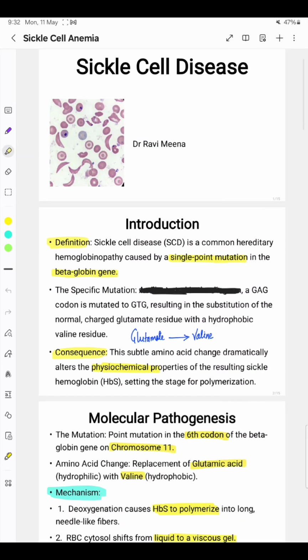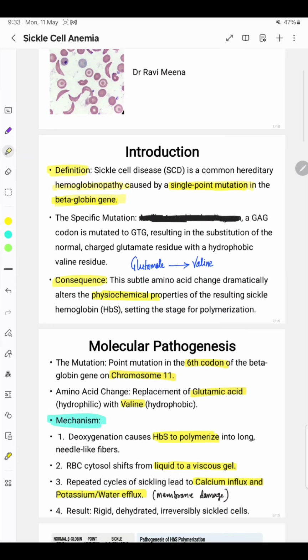Sickle cell disease is a common hereditary hemoglobinopathy caused by a single point mutation in the beta globin gene. A GAG codon is mutated to GTG, resulting in substitution of the normal charged hydrophilic glutamate residue with the hydrophobic valine residue.